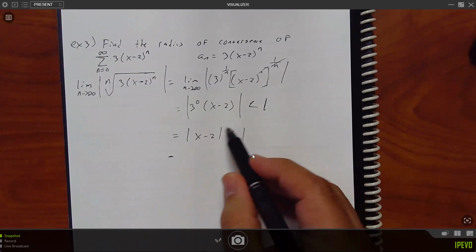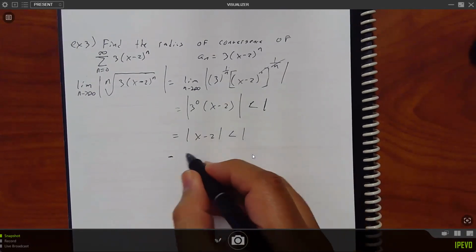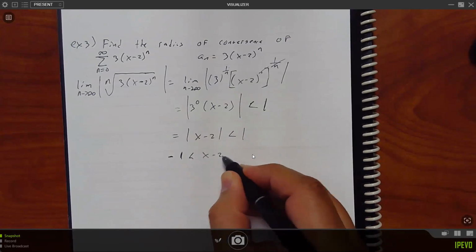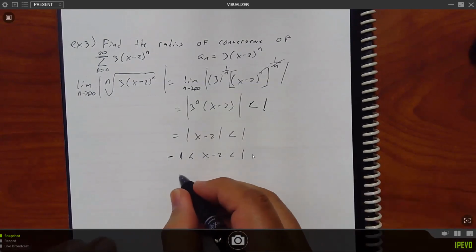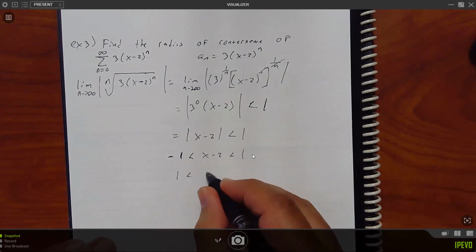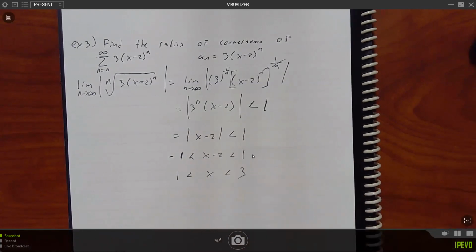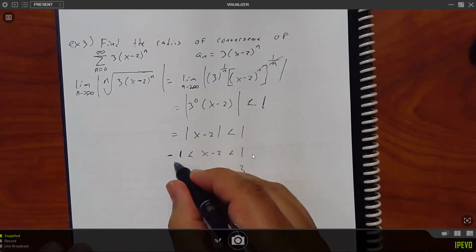We said absolute value less than 1 is the same as saying it's between negative 1 and 1. So for x, I'm going to add 2 to all 3 sides. So I get 1, 3. Does that make sense? Let me do plus 2, plus 2.